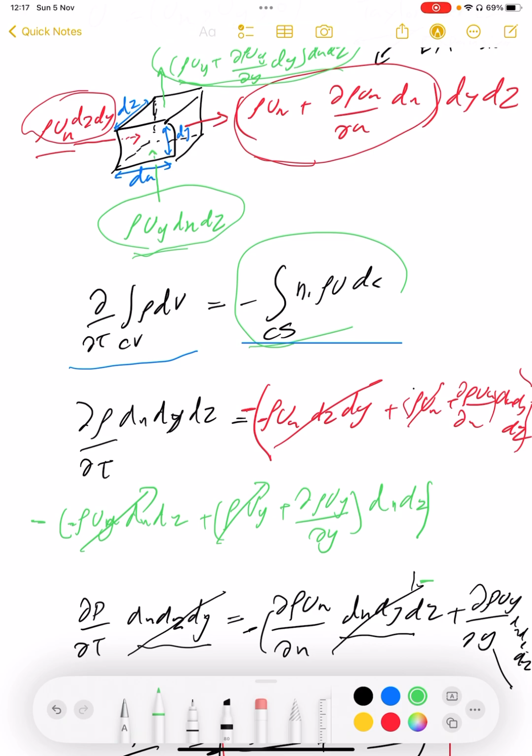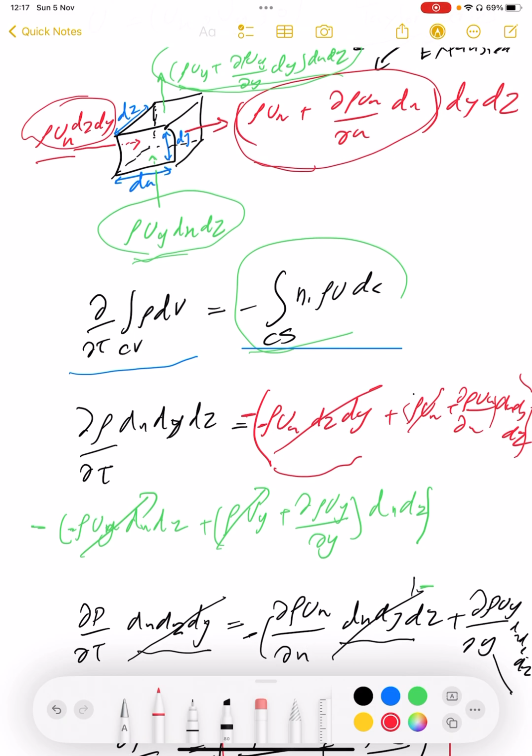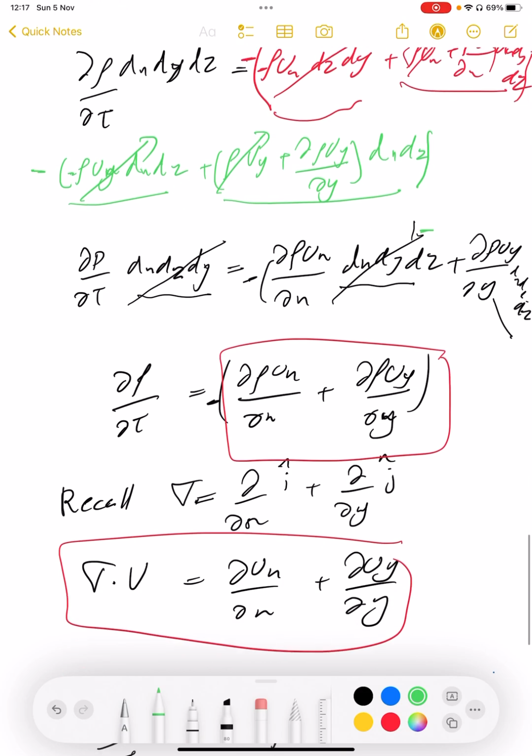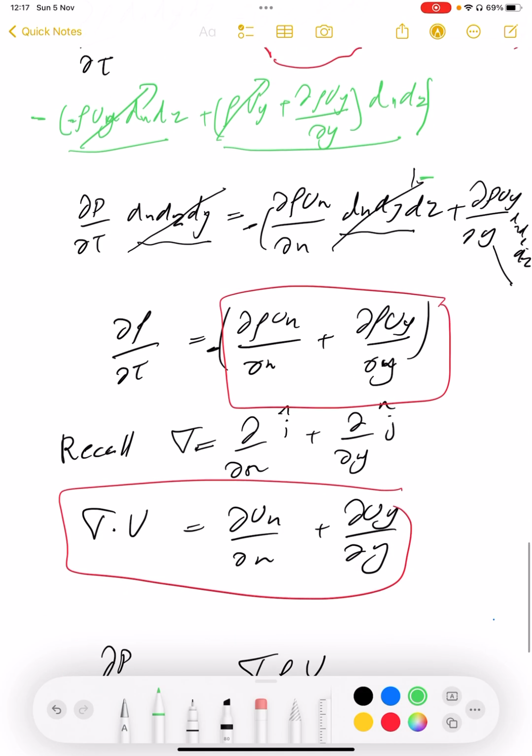In the x direction, I know how much fluid is coming from the left side, this amount here, and then I have this amount of fluid coming out. In the y direction, this amount was coming in, and this was the amount coming out. If I add them together, I would end up with this.